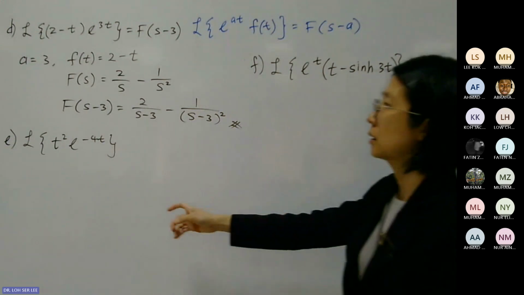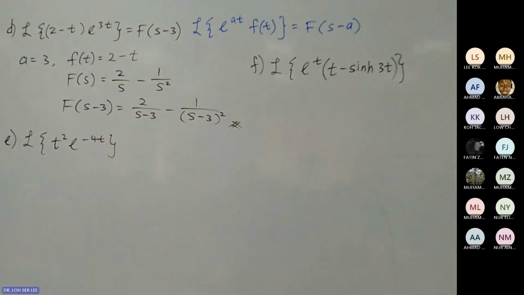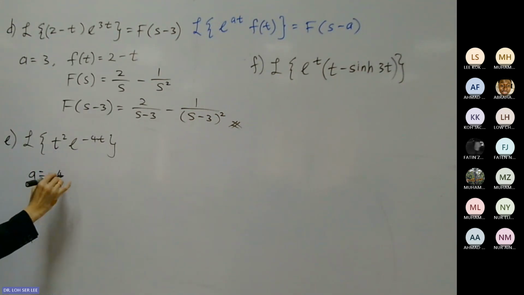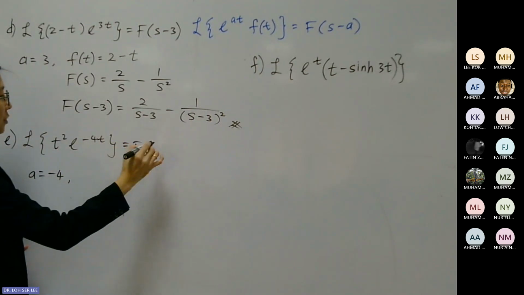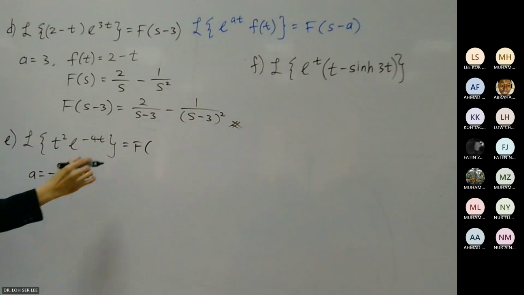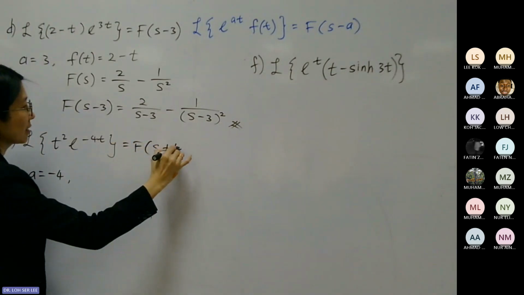Okay, E. Have you done E? Okay, what is your a? Negative 4. So this is your F(s plus 4).